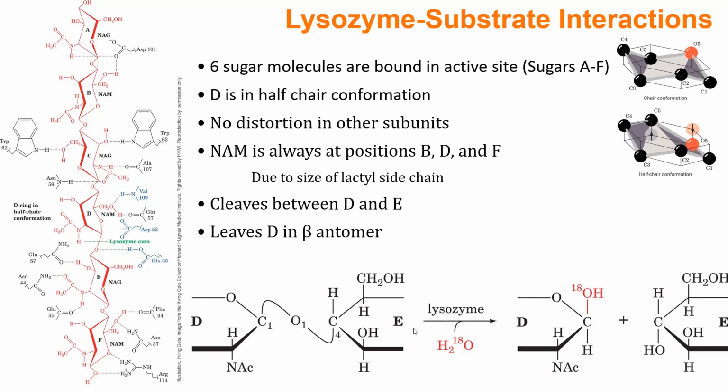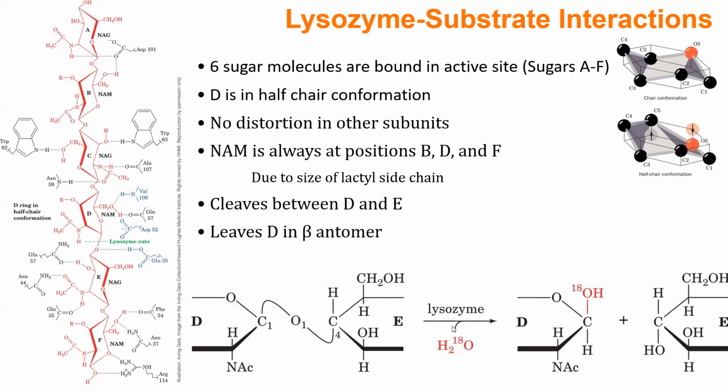And you can see the mechanism we have going on right here, where we have our 1,4 glycosidic bond, and we just make a cut. Now, you might be wondering what's going on with 18O. This is showing that in this reaction, they used radioactive water, heavy water, to see where water would be added.